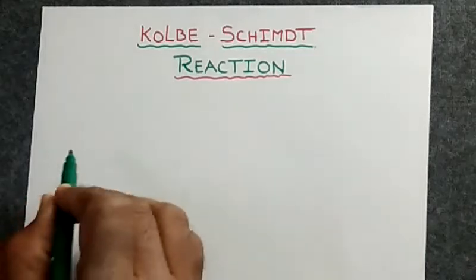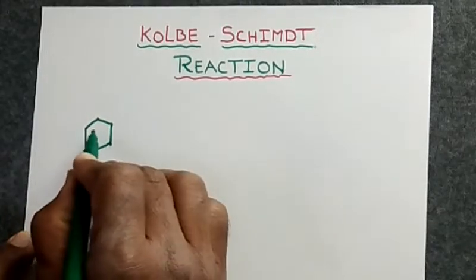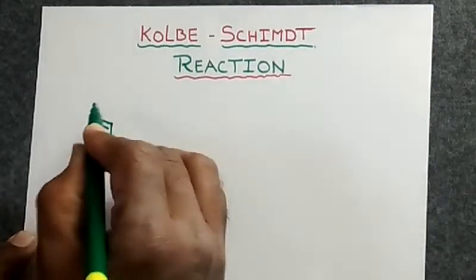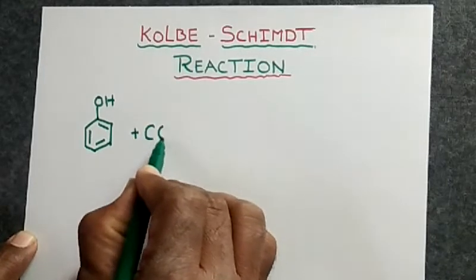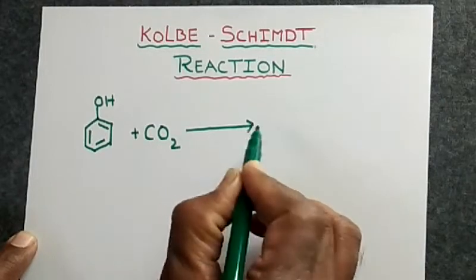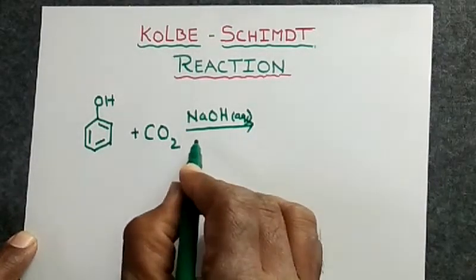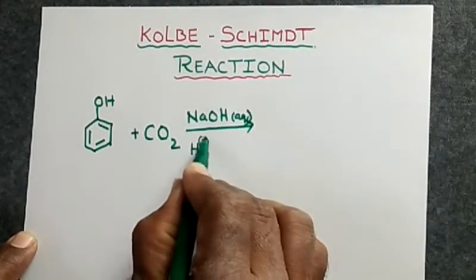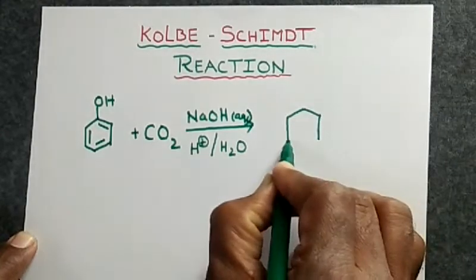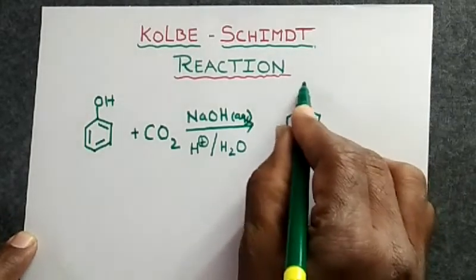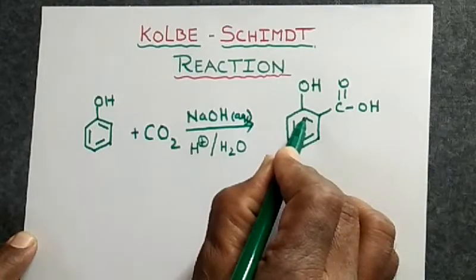In this class, I am going to explain the Kolbe-Schmitt reaction, one more named reaction, which is also important. In this reaction, generally what happens is, phenol molecule treated with carbon dioxide in presence of an aqueous base like NaOH, followed by the treatment with dilute acid, forms orthohydroxybenzoic acid as the product.